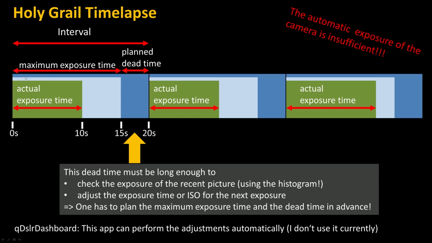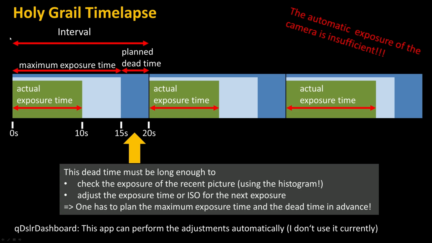In any case, when you're shooting a time lapse and you're making changes to the settings during the time lapse, you have to plan for a minimum dead time that you or the app need to make those changes. So let's say here I can make changes within 5 seconds on the camera.